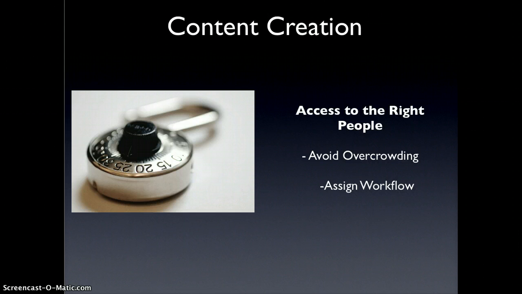You can have a project or a team of people where not everyone in that group requires access to that information. Not everyone needs to know what's going into the reporting, and not everyone has to have a say in the content. So we narrow down who those people are in order to save time and avoid overcrowding.